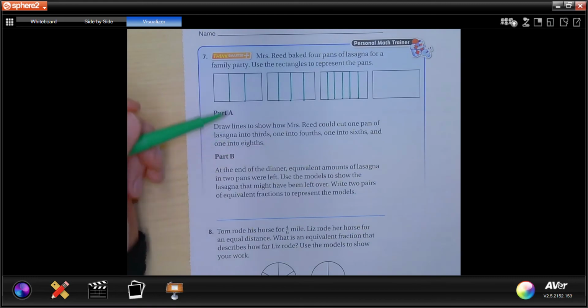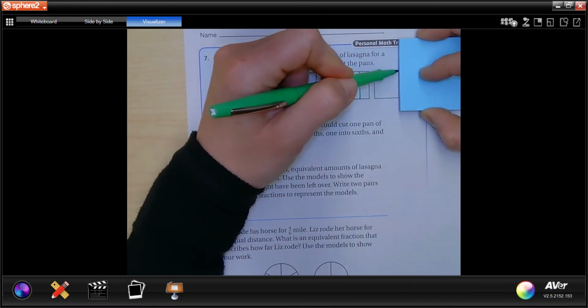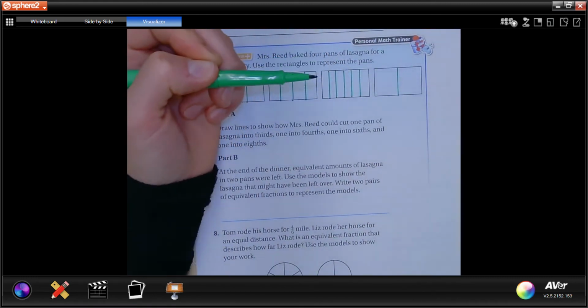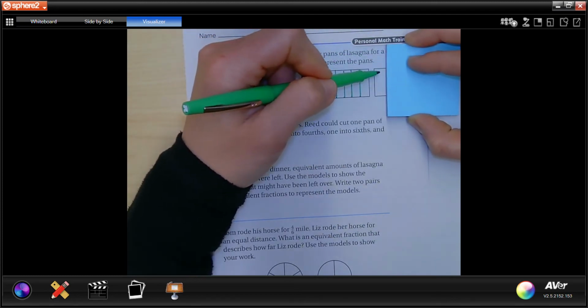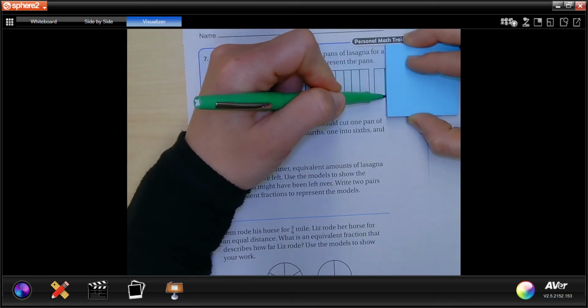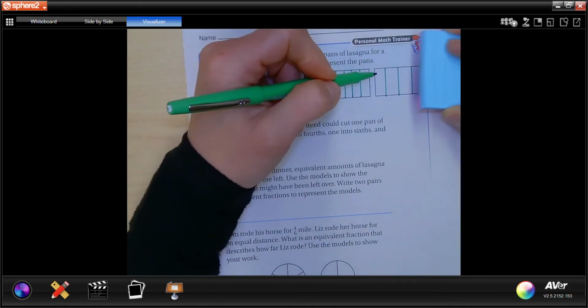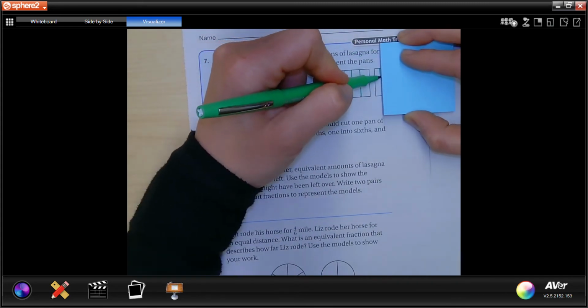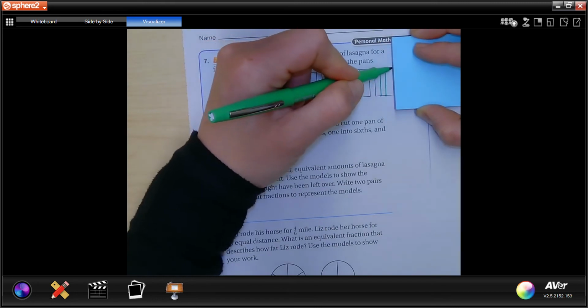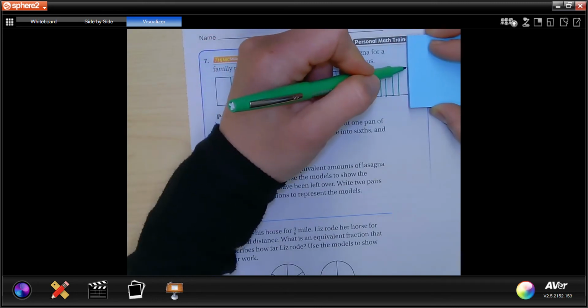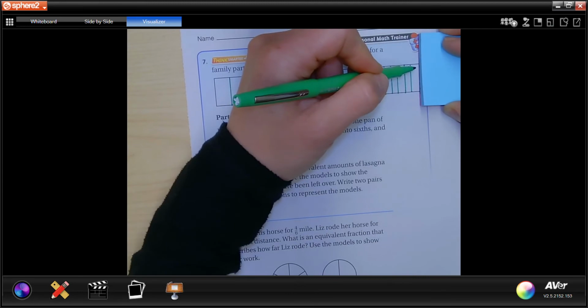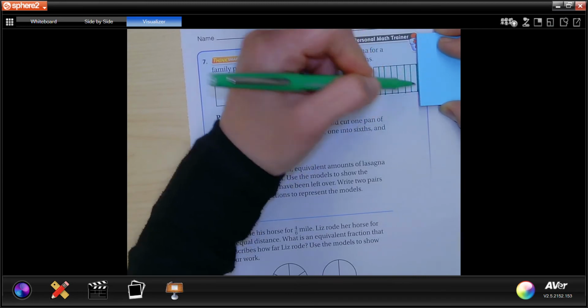And 1 into eighths. I like to cut them in half first to try to make them equal. There's my fourths. Now I have to make eighths.